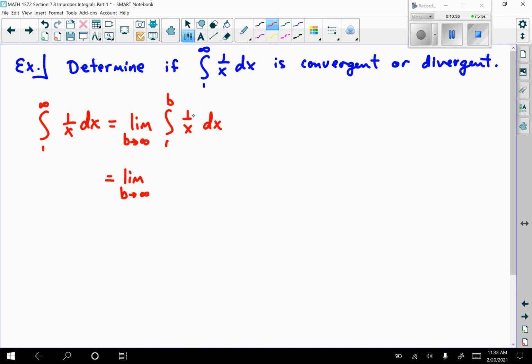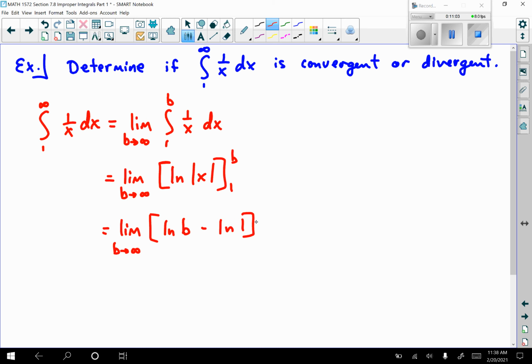Remember, the antiderivative of 1 over x is the natural log of the absolute value of x, from 1 to b. So now this becomes the natural log of the absolute value of b. But because b has to be greater than 1, they're both positive, so I don't need the absolute values anymore. So the natural log of b minus the natural log of 1.